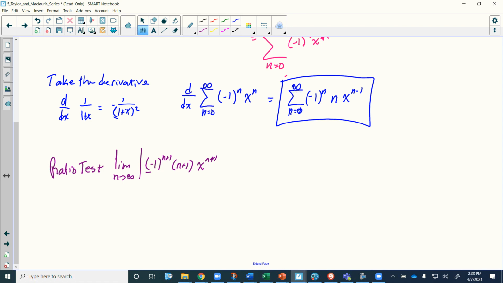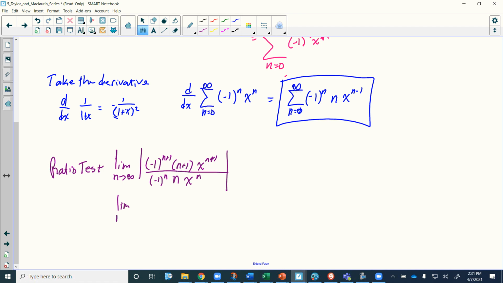And we're going to divide it by negative 1 to the power of n times x to the n power. I'm not dividing by a fraction, so I'm not going to multiply by the reciprocal. And we can simplify that, obviously.